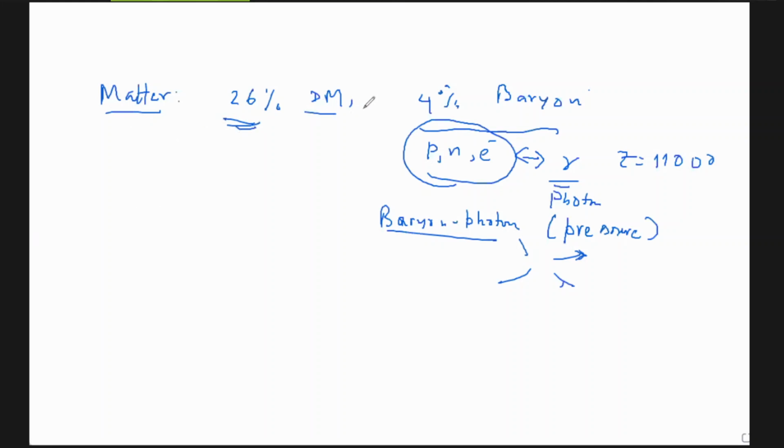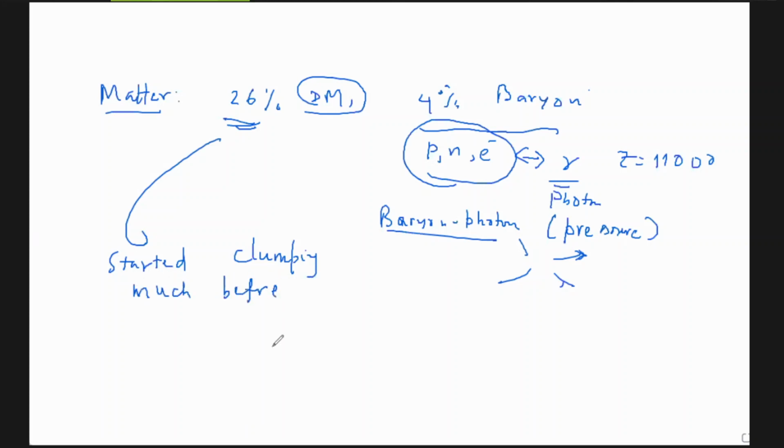Dark matter started clumping much before. So their growth, delta as a function of t, actually it was going a little bit of oscillations, and then it starts growing faster.